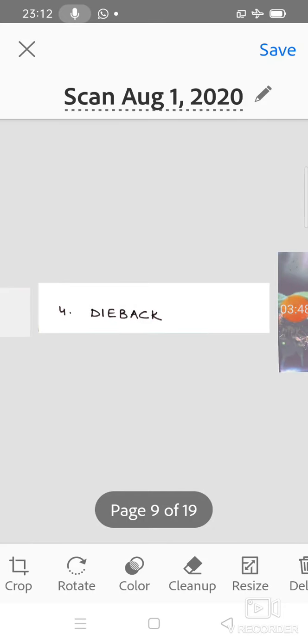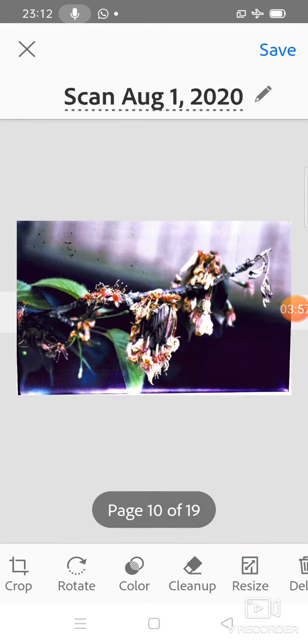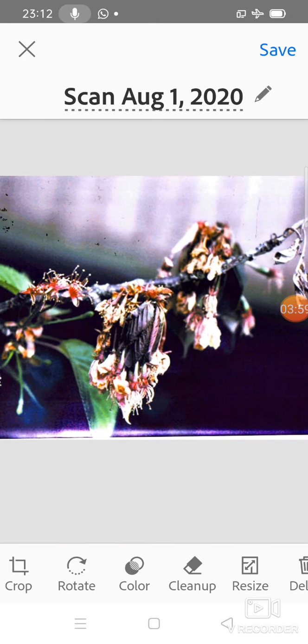Fourth is dieback. Dieback is the progressive death of shoots and twigs, generally starting at the tip. This is the dieback. The death of the shoot or twig starts from the tip of the infected part. The tip dies and then the rest of the plant.